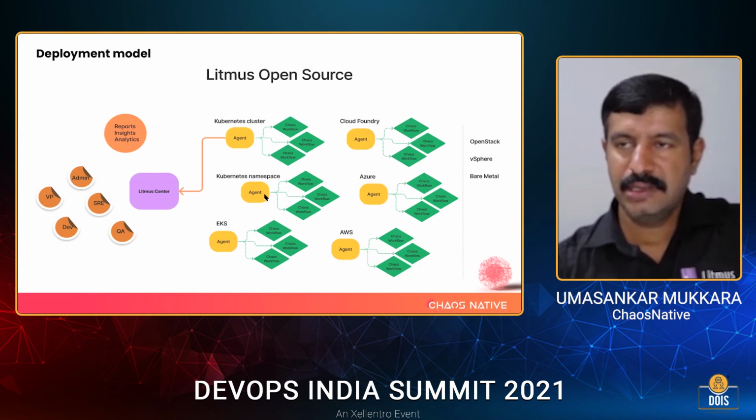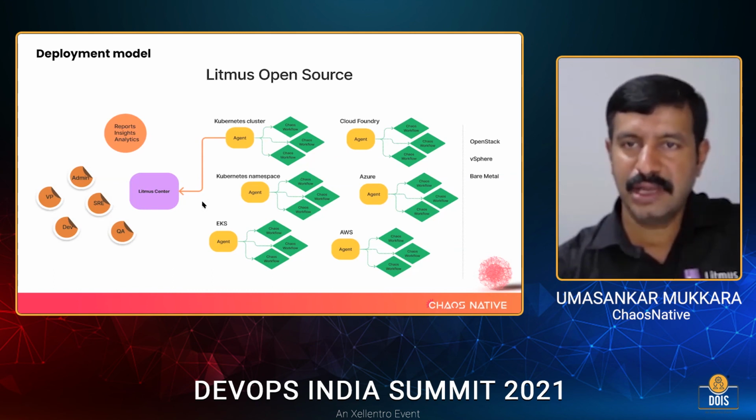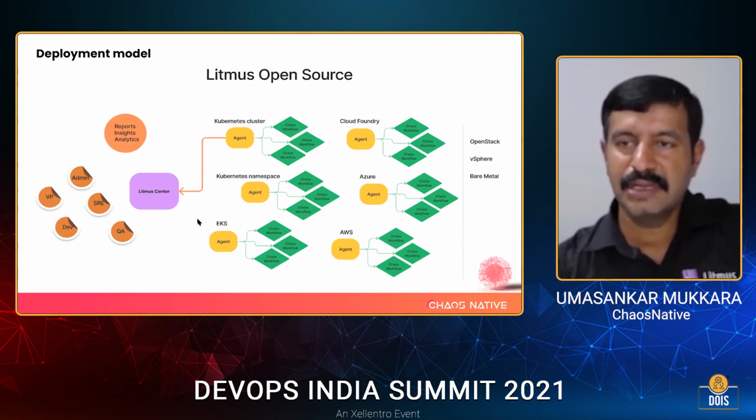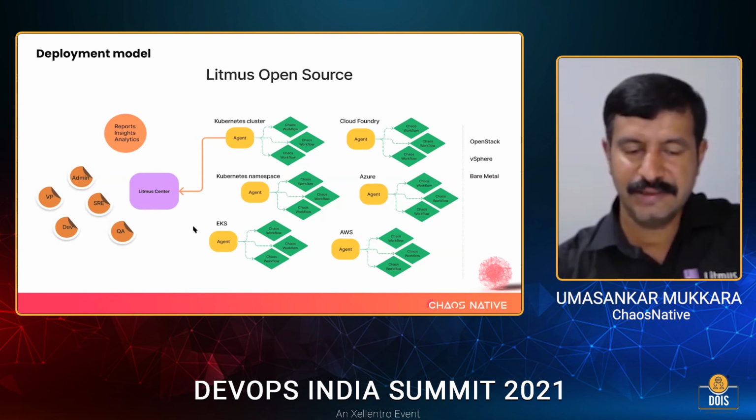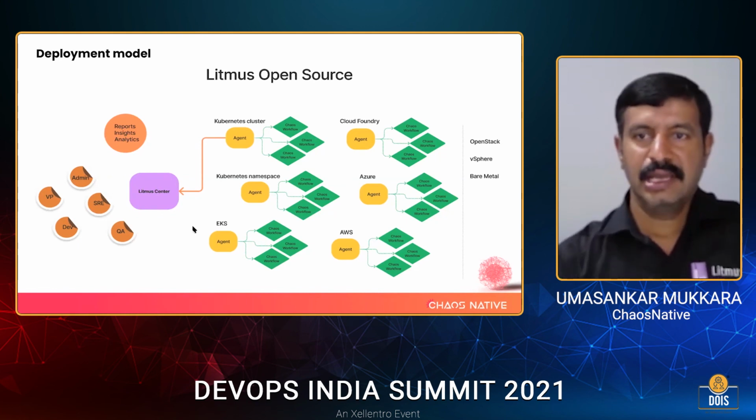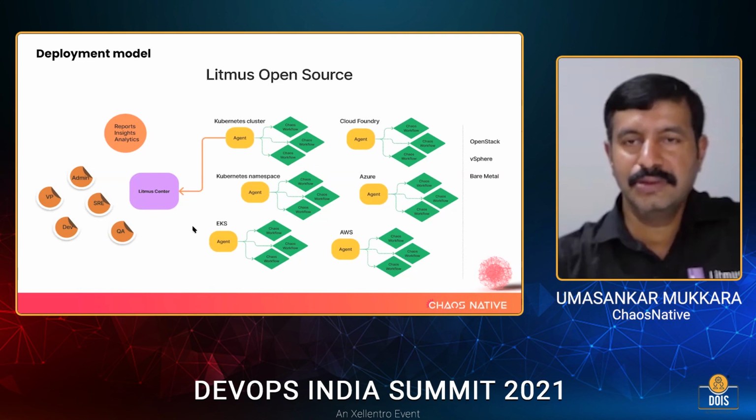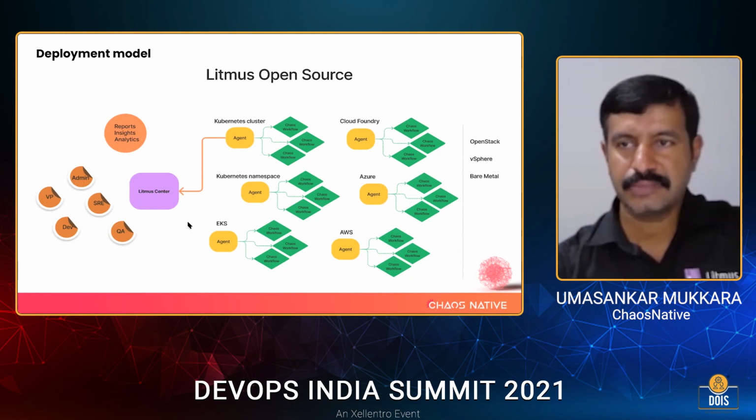And then you can have multiple chaos workflows on this, and the results get reported back to the Litmus Center, where you have some nice reports and analytics. And that's primarily how Litmus works. And the crux of the entire thing is the chaos experiments and how you continue to nurture them to get a better fault injection mechanism in your environments.